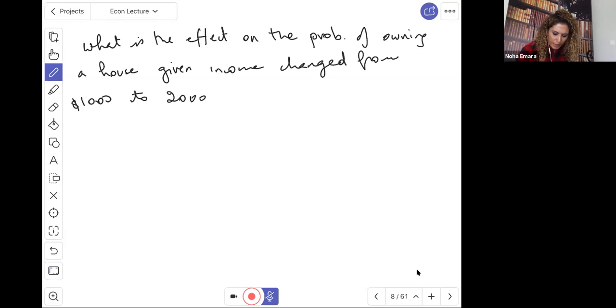So is there any change in the probability of owning a house if your income increases by $1,000, or from 1,000 to 2,000?